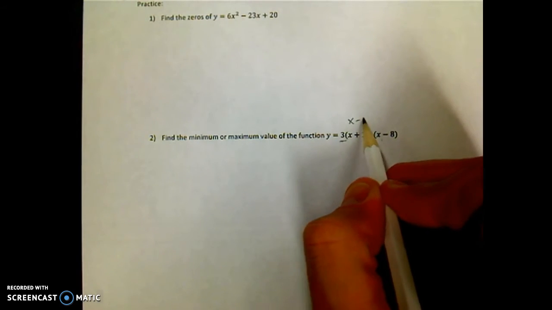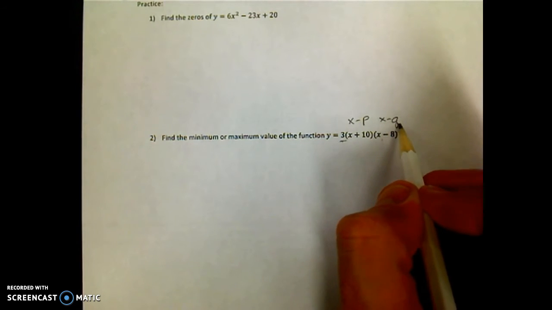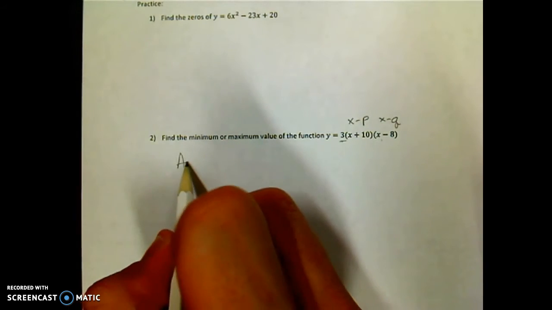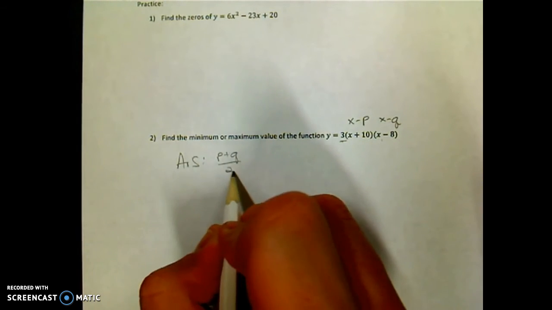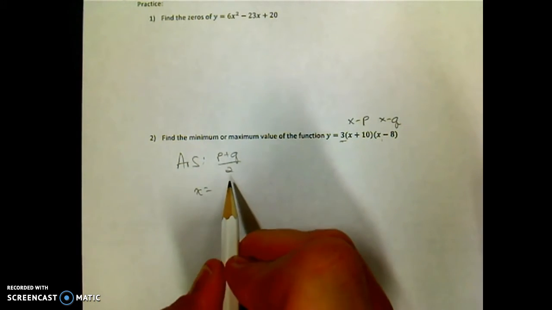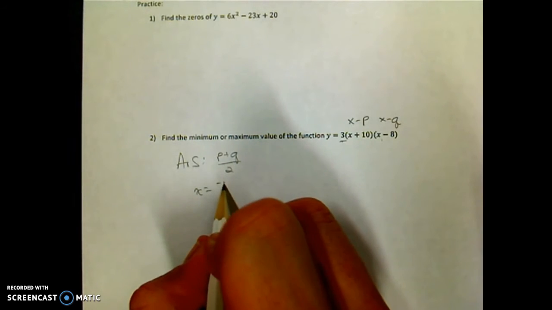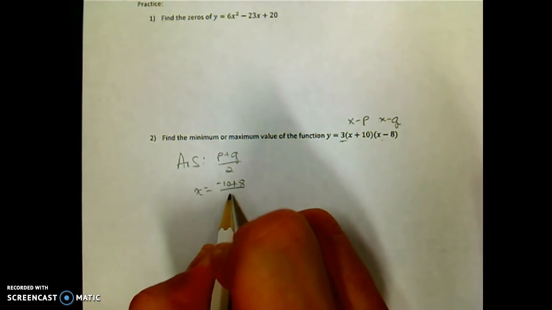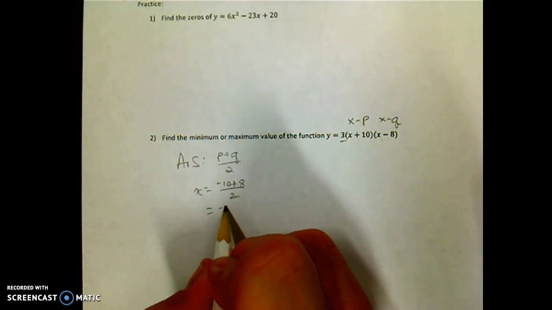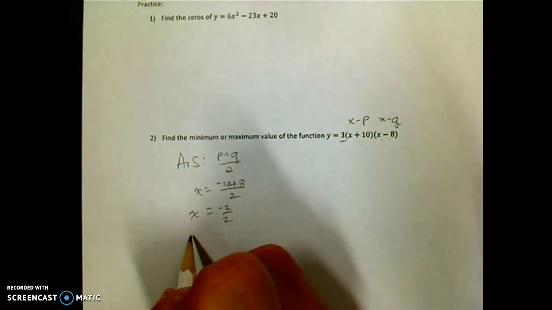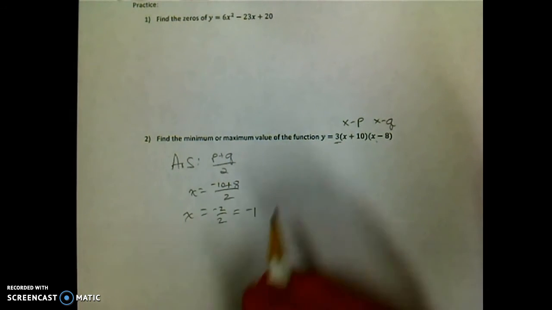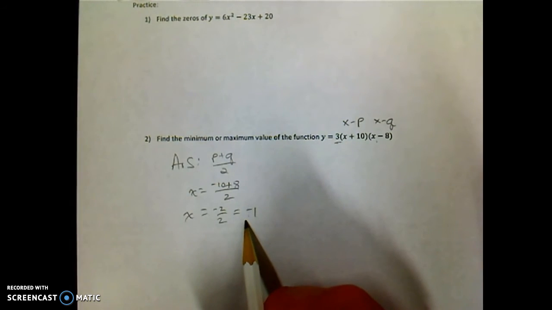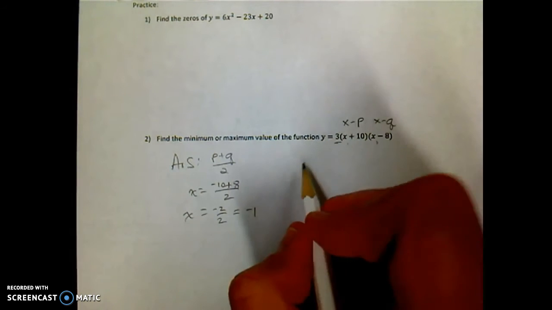x minus p, x minus q. And I find the axis of symmetry by taking the average of the two, p plus q divided by 2. So x is going to equal negative 10 plus 8 over 2. So my axis of symmetry happens at negative 1. Great, the vertex lives on the axis of symmetry. I need to substitute in this negative 1 into my function.